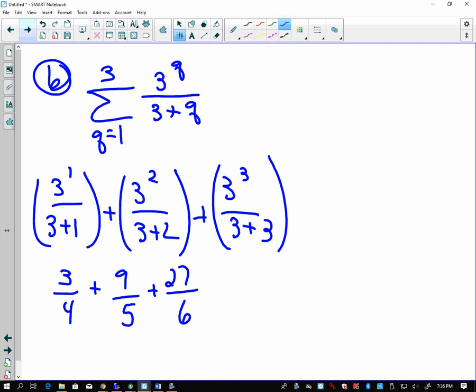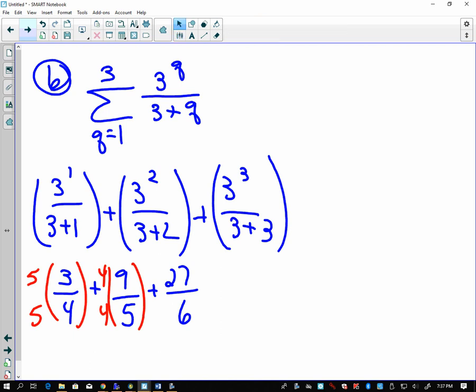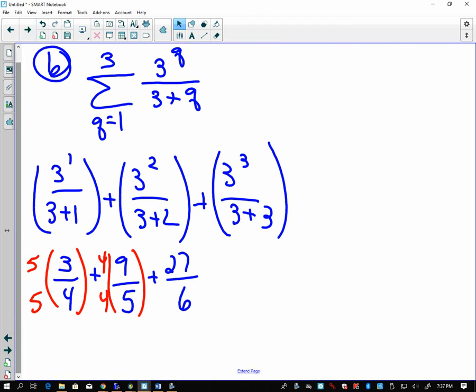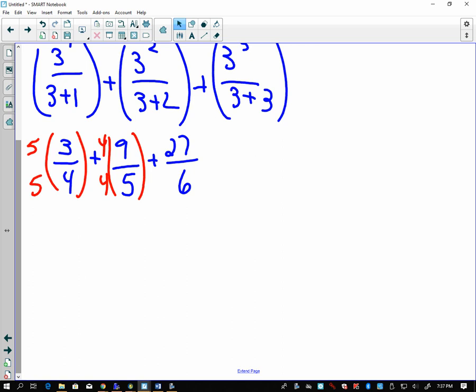We could multiply them all by something that's going to give us a common denominator, or we could pick 2 of them, get a common denominator there, and go from there. So let's say that we try to do that. Common denominator here is 20. So if we look at it like this, 5 over 5, 4 over 4, you could probably do a lot of this in your calculator, but I like to figure out how much we can do on our own.